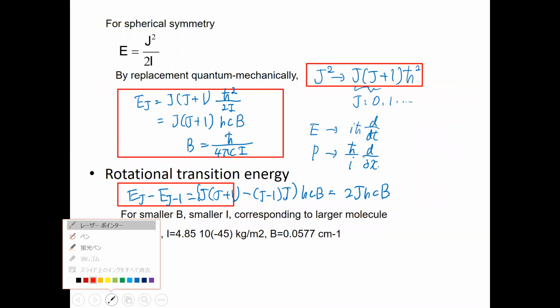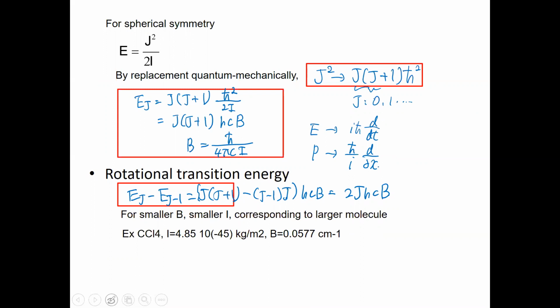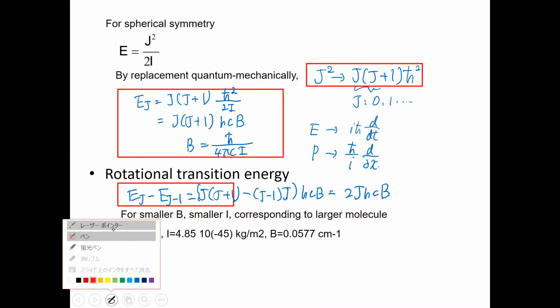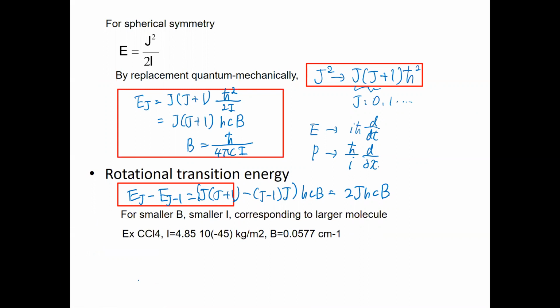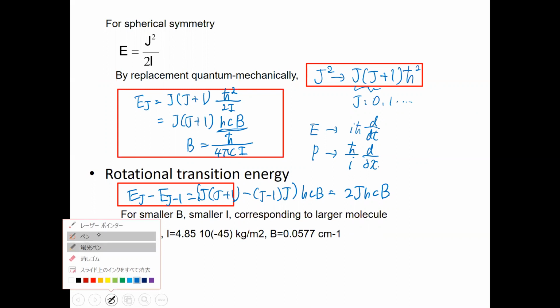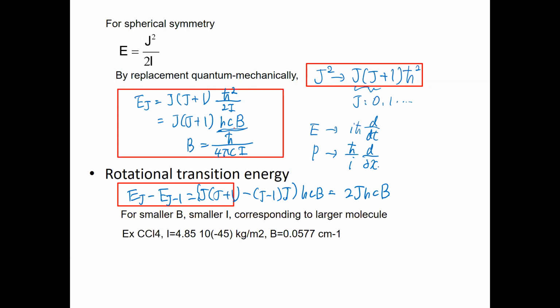So what we do here is, the actual energy is given by hcB, but the unit of hc is given by joule.